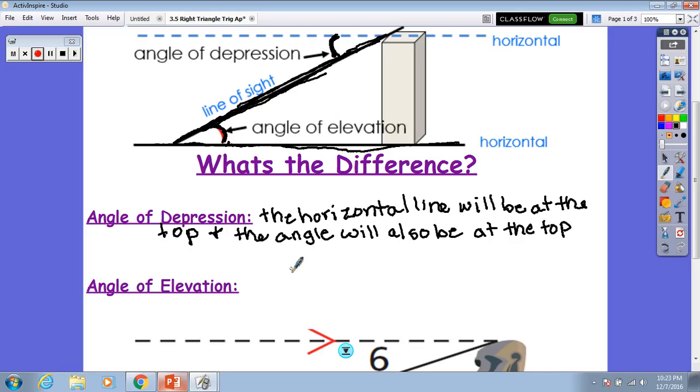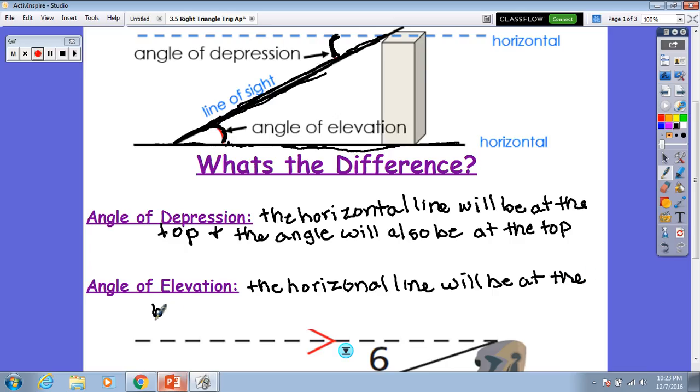Alright, for an angle of elevation, the horizontal line is normally referred to as the ground, but it will be at the bottom. And therefore the angle of elevation will also be at the bottom.